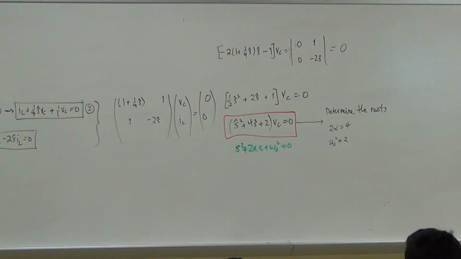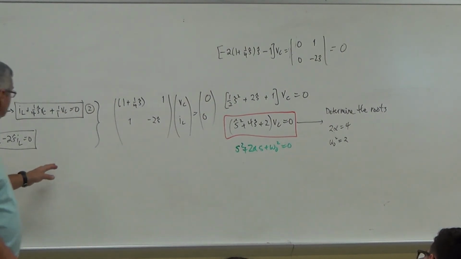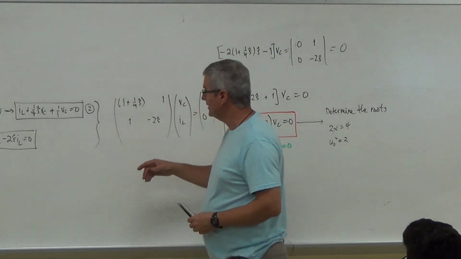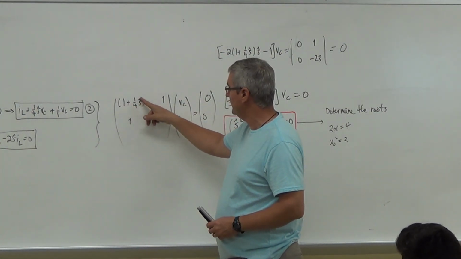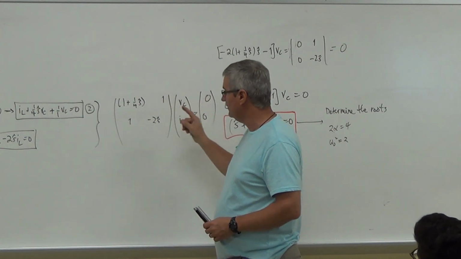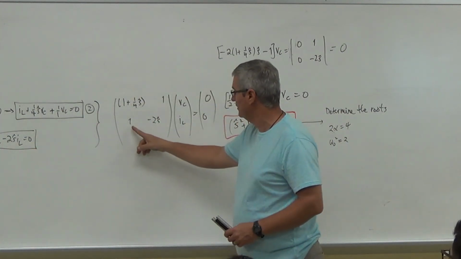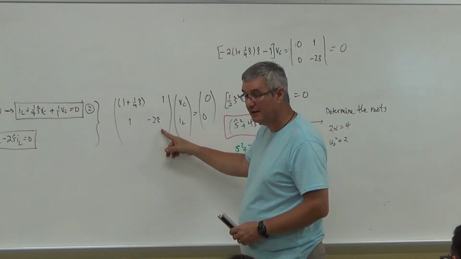I had an error. Let's go look at this one more time. This has to be true. I get a quarter VC, that looks good. This guy, 2, that looks good. So when I come over here, it's got to be VC plus a quarter S hat. This guy looks like 1 minus 2 S hat.